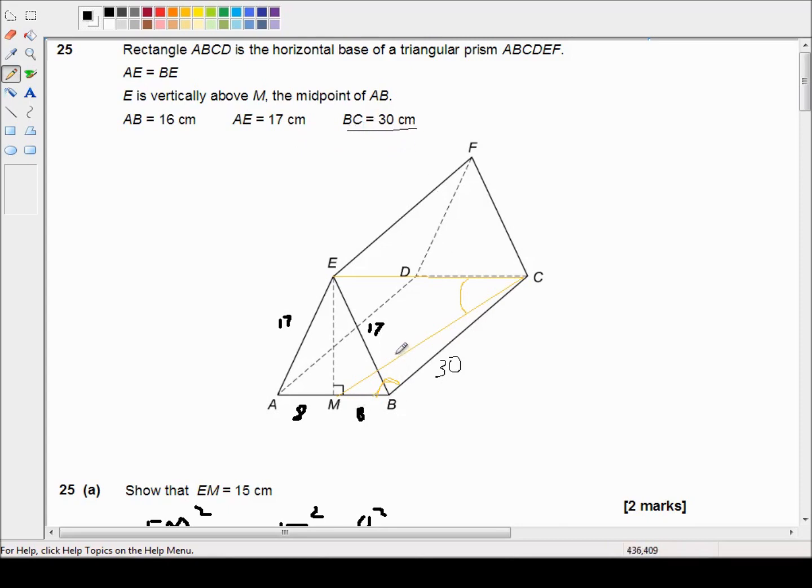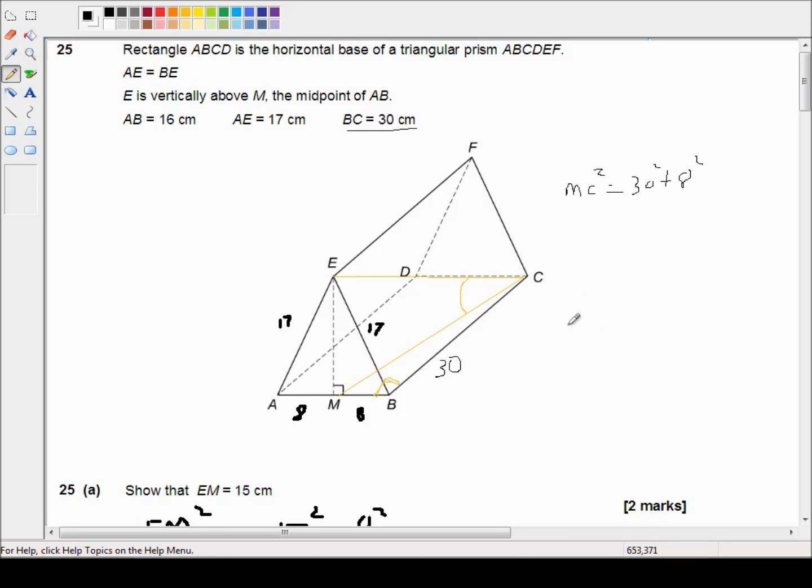So this is the hypotenuse, and we know this is a right angle as we've said because the base is a rectangle. So MC squared is equal to 30 squared plus 8 squared. That's Pythagoras theorem again.